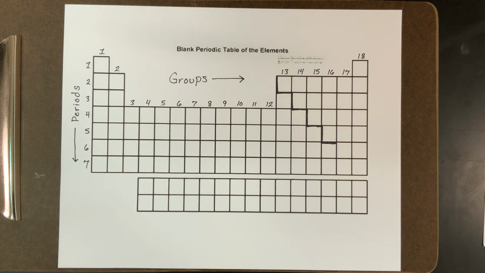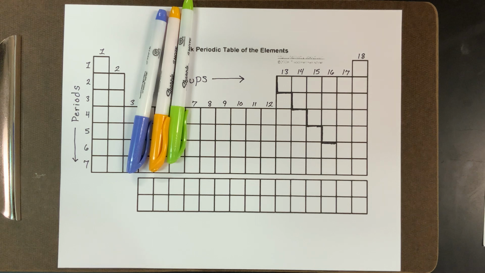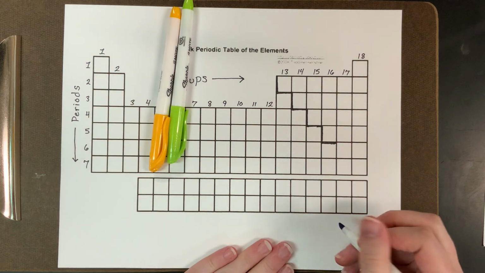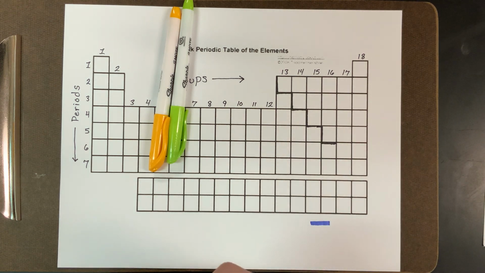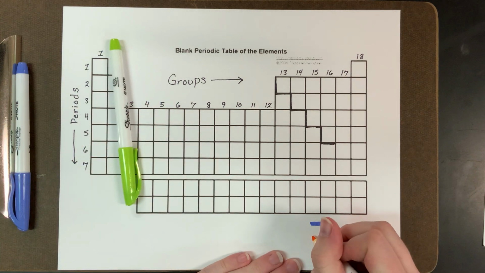Now you're going to need 3 different colors. And you're going to use these 3 different colors to identify which elements are metals, nonmetals, and metalloids. We're not going to color in the entire thing like we did last time. We're just going to outline. But I still need a key at the bottom so I know which color represents what section.